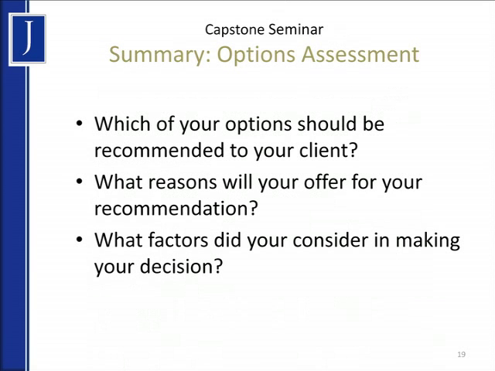In summary, the options assessment section explains which of your options you would recommend to your client, the reasons that you're making your recommendation, and the factors that you considered in making your recommendation.